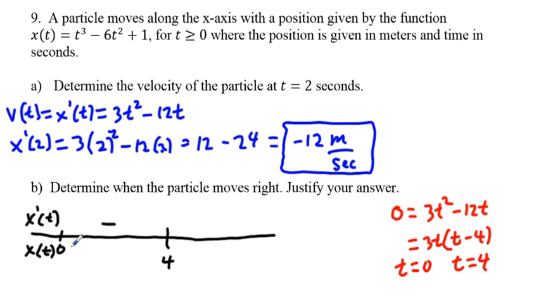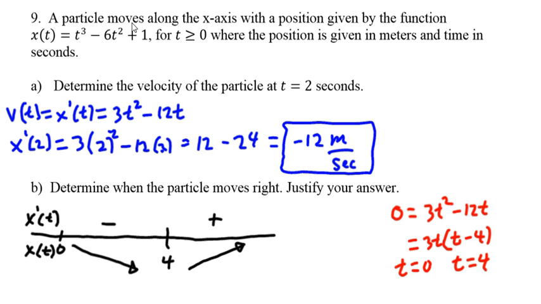And so we have the particle going to the left from 0 to 4, and for time greater than 4, we can use 5. Well, we'll use 3t times quantity t minus 4. We plug in 5: 3 times 5 is positive, 5 minus 4 is positive, positive times positive is positive, and so our function is moving to the right.